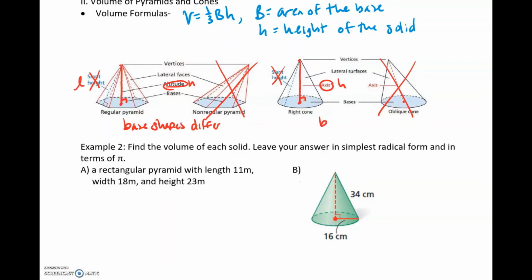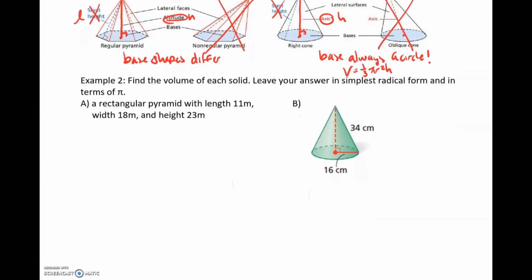But for the cone, the base is always a circle. So you can always write this formula as volume equals 1/3 pi r squared h, and you can see all that is putting in pi r squared for B. So that's why I said it doesn't matter which one you memorize, because as long as you know area of the circle is pi r squared, you'll be able to plug it in yourself. Okay? All right, moving on to examples.